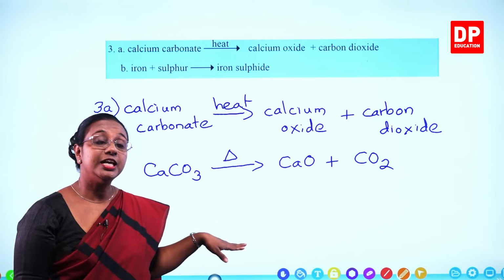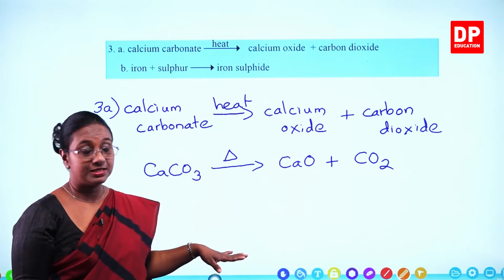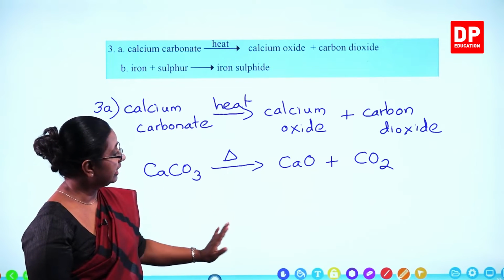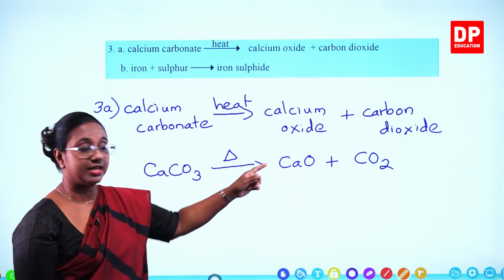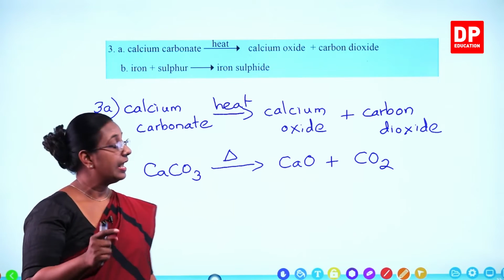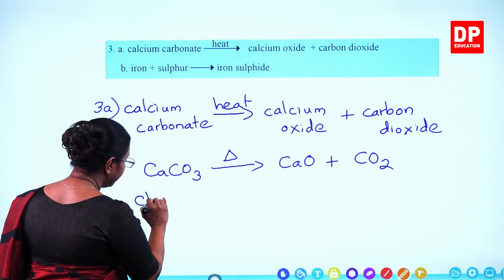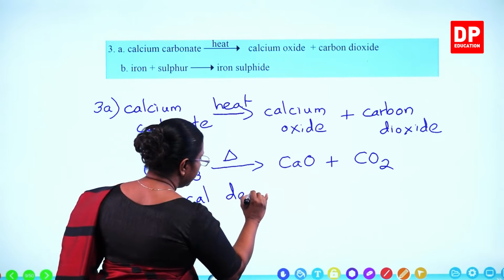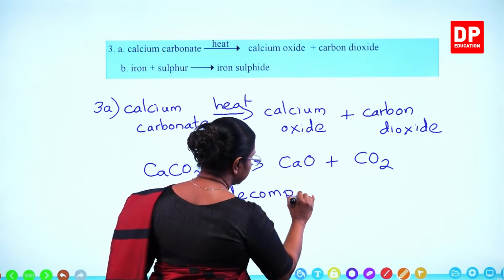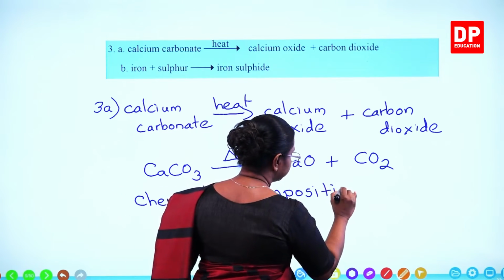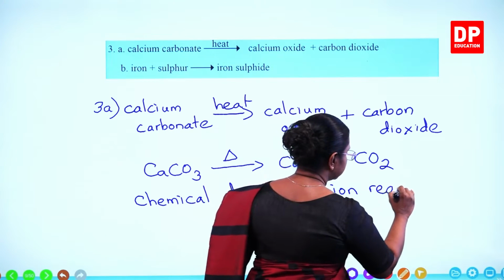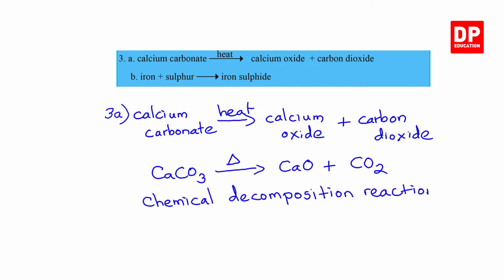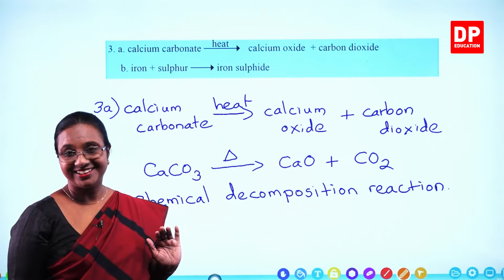So the equation is already balanced. Calcium carbonate on heating gives rise to calcium oxide and carbon dioxide. And it is a chemical decomposition reaction. Is that okay? I'm sure you also wrote this correctly.